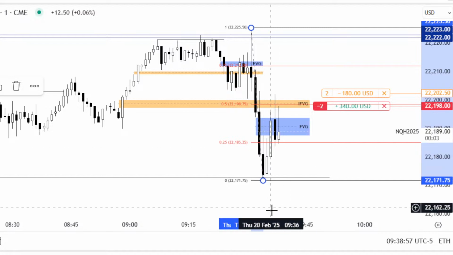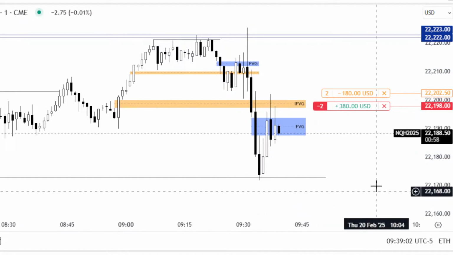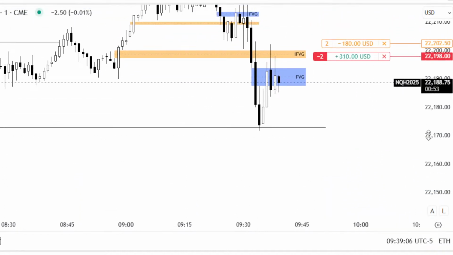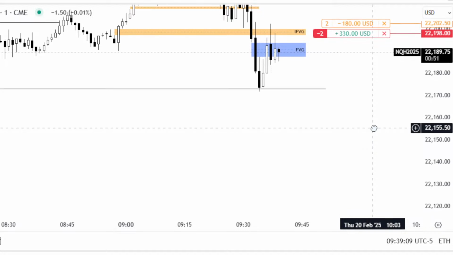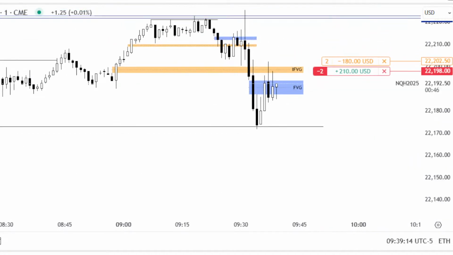And then obviously take it to at least this low and lower. It's going to be such a pain if I get stopped out here and then it drops.